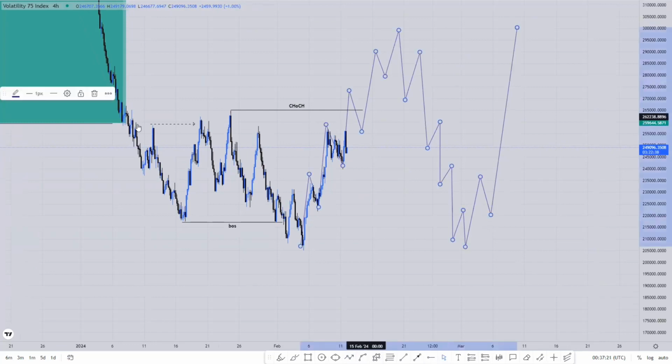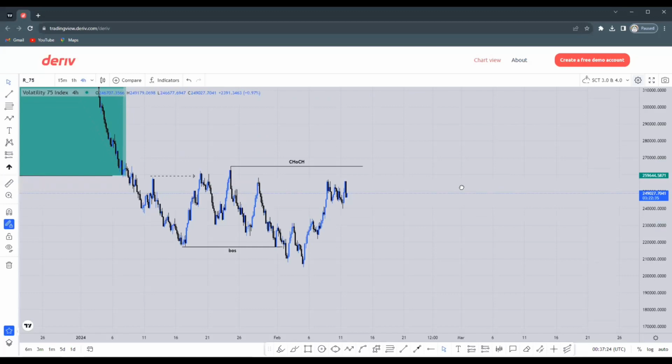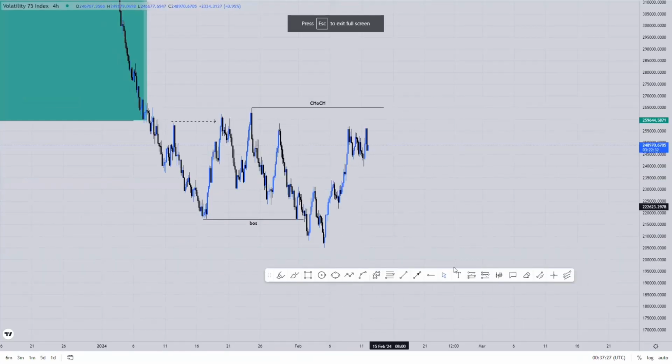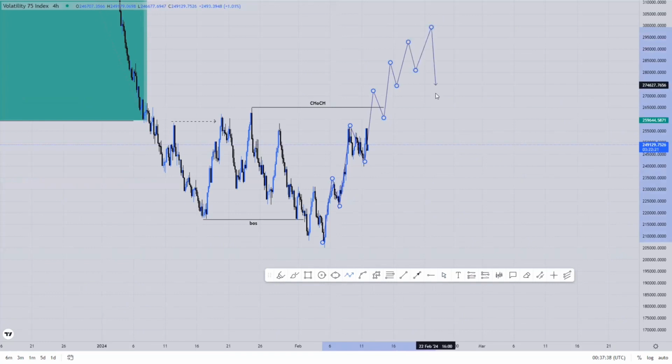So this is basically what might probably happen from now on on VIX75. Looking at the H4, we can have a continuation of this bullish movement until we change character. Then after it changes character, we anticipate an adjustment to the downside before overall continuation up like that.